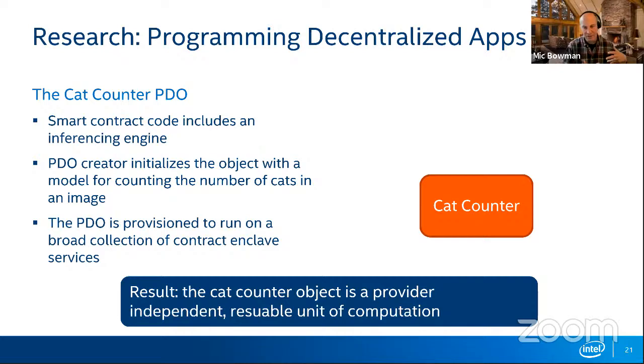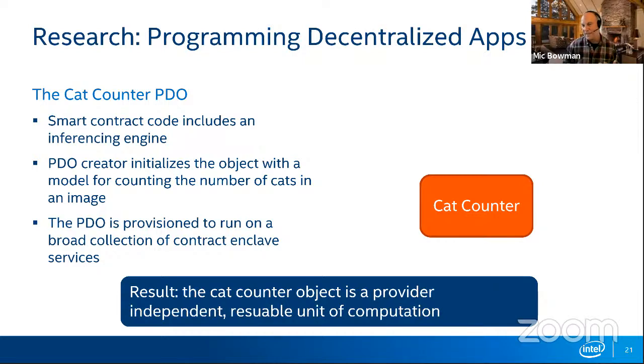I mean, we've all been looking at functions as a service and microservices and things like that, and how we do composition of smaller units that way. But what I get out of this thing, once it's been completely initialized, is something that's effectively a server independent encapsulation of code that preserves the confidentiality of the intellectual property of the cat counter model that's inside it.